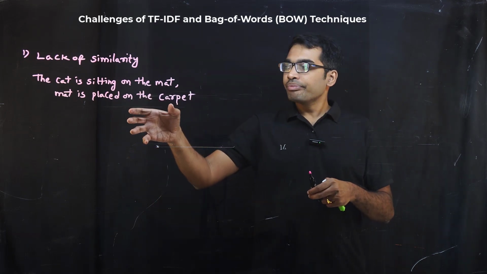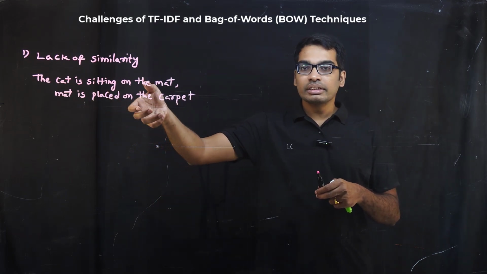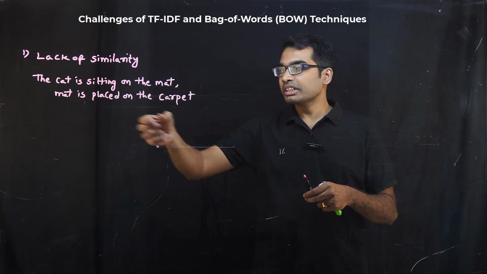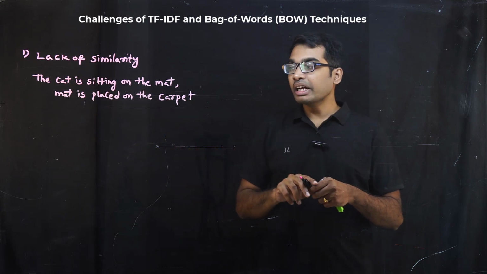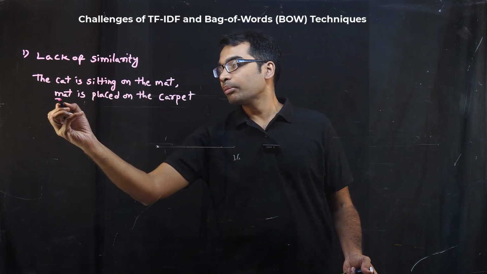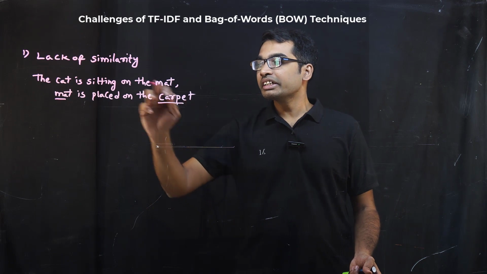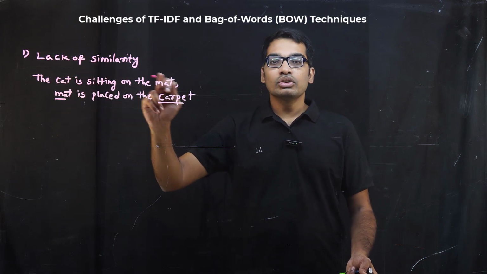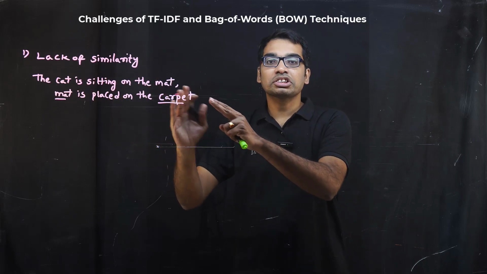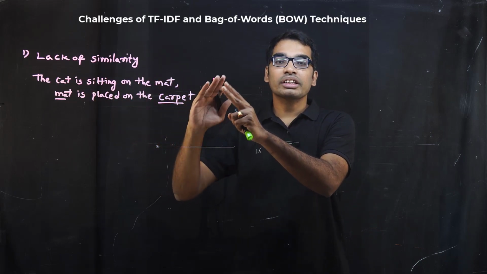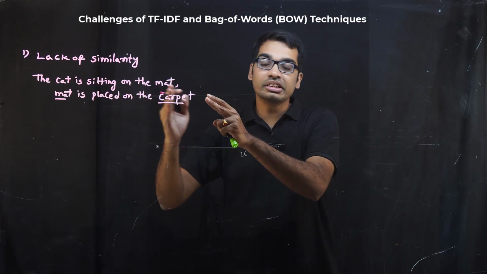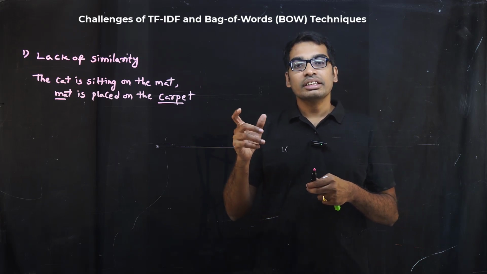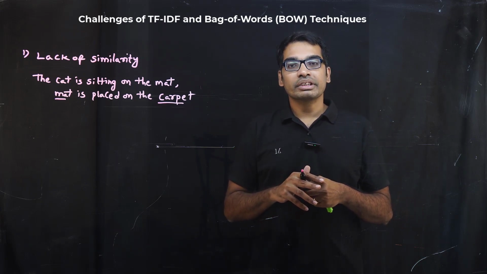In this example, you may get a good vector representation from TF-IDF or bag-of-words methods, but there is no relationship that it builds between these two. For example, what is the relationship between mat and carpet, or the cat and mat? It will not build that kind of representation between the surrounding words. That is the biggest disadvantage of the classical vector representations.